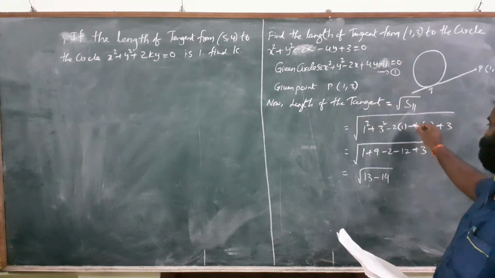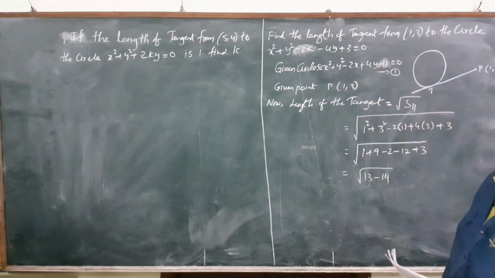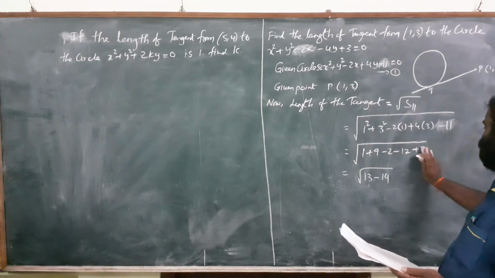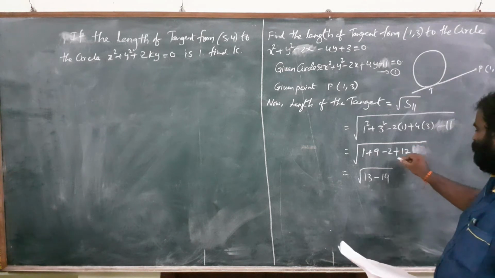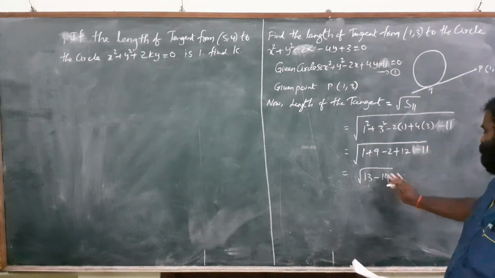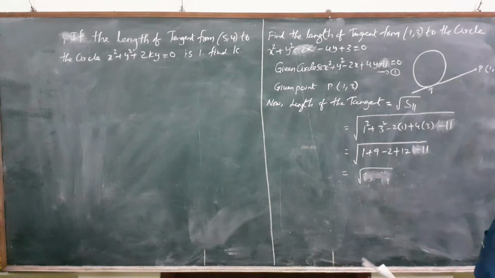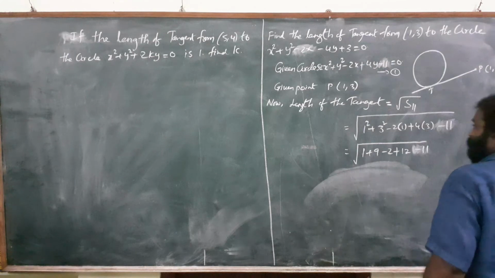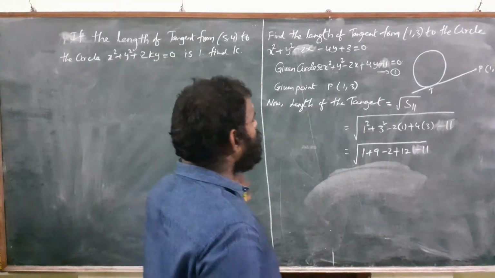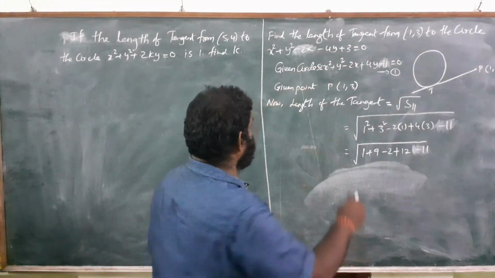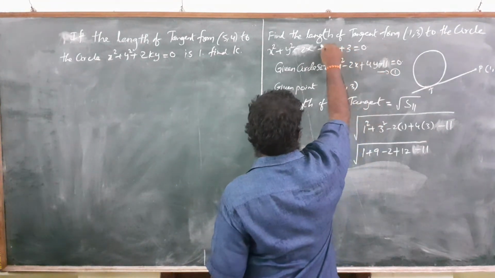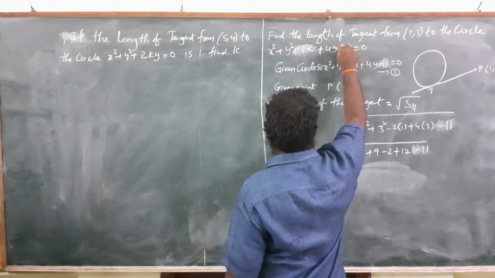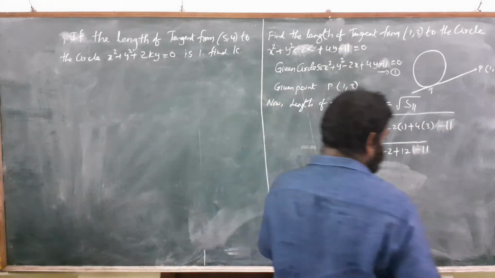So this is minus 11. Okay, so you have to see here. So no problem at all. I made a mistake here. Minus 2x plus 4y, and this is minus 11, minus 11 equal to 0.